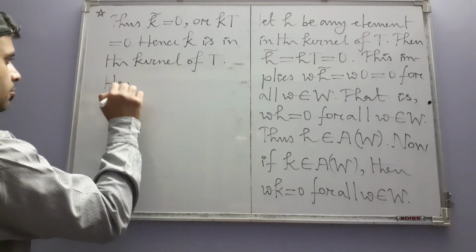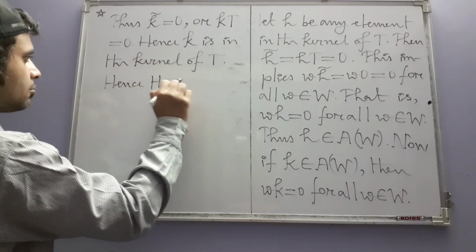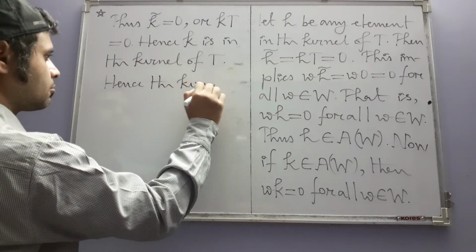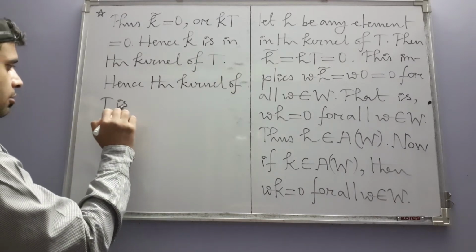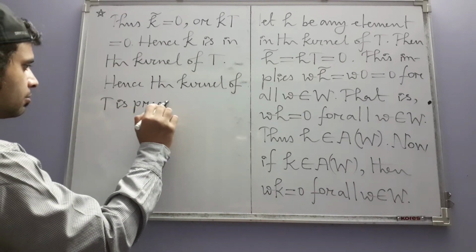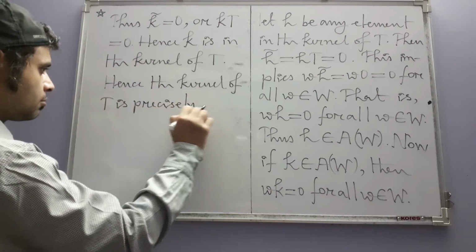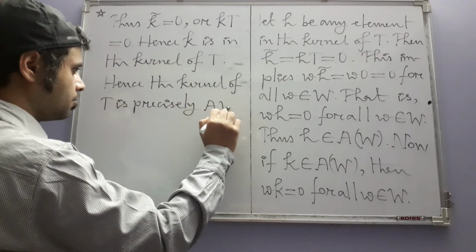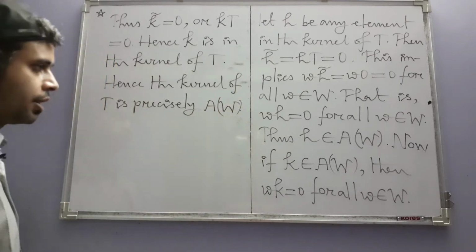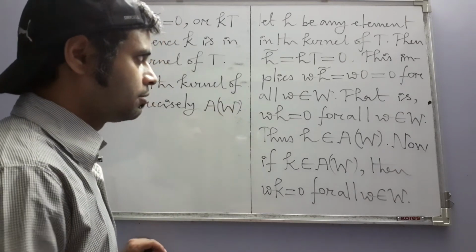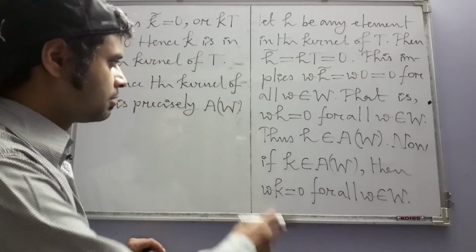Hence, the kernel of T is precisely the annihilator of W.